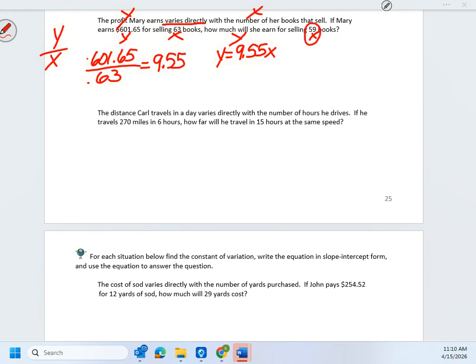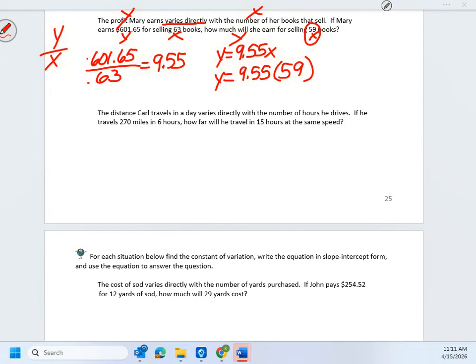I know X is 59. I don't know the Y, that's my question mark. So I'm going to keep Y in the equation. I'm going to keep the 9.55, and I'm going to fill in the X. Do I have to do opposite operations?